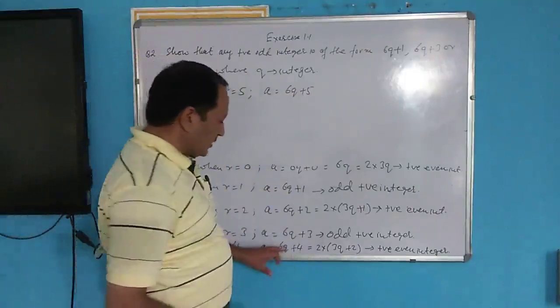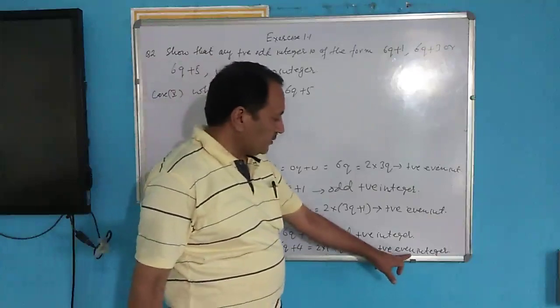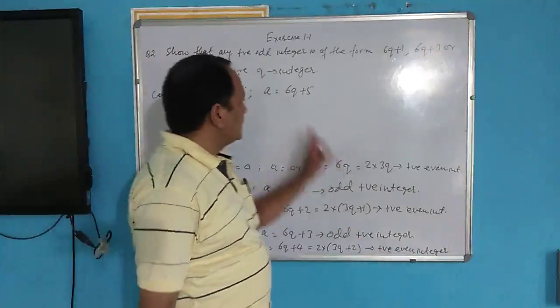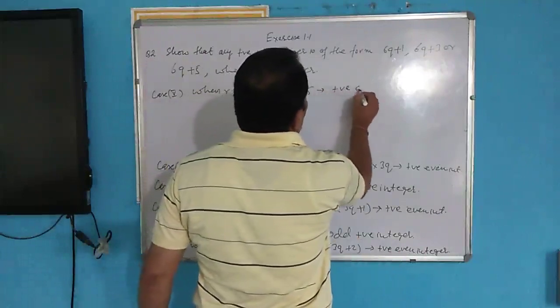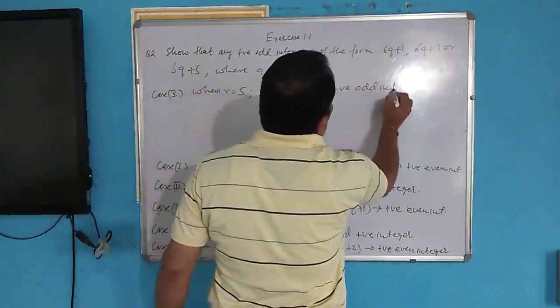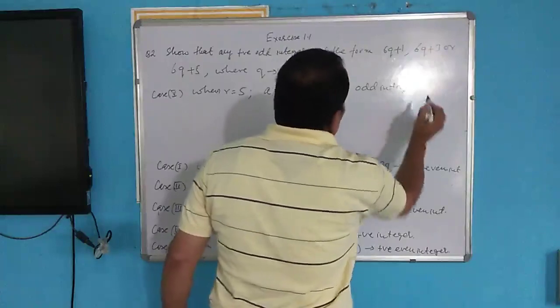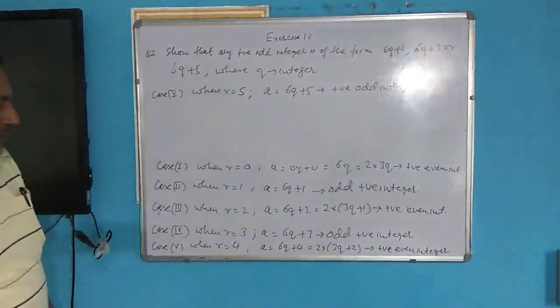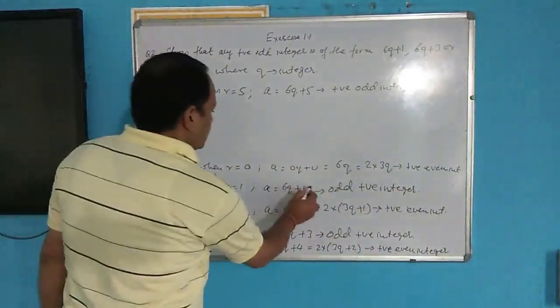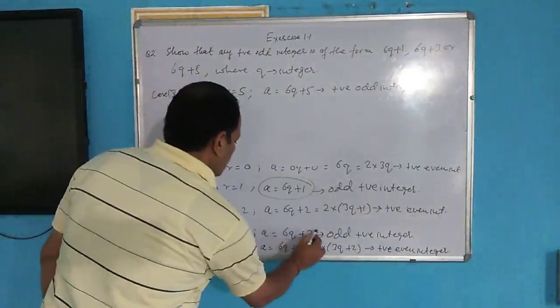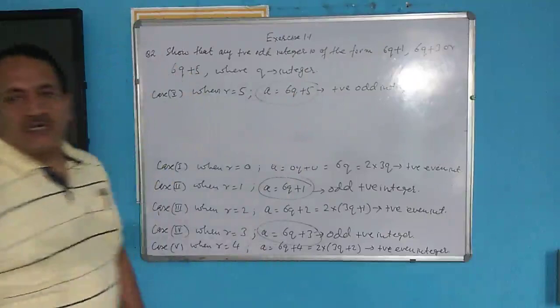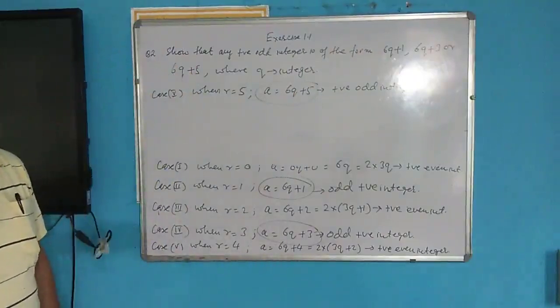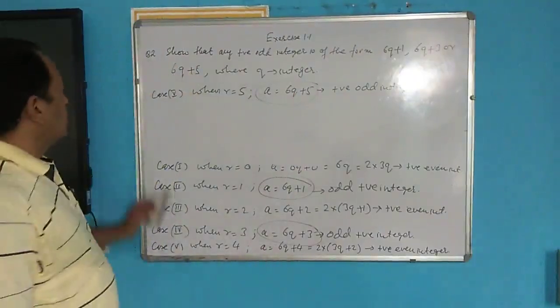If 6q plus 4 is a positive even integer, then just the next will be a positive odd integer. So in this question we have shown that 6q plus 1, 6q plus 3 and 6q plus 5 are positive odd integers.